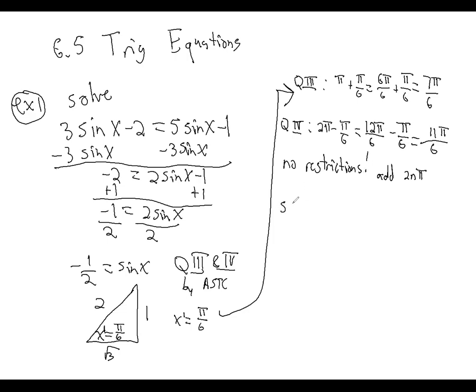So our solutions are x equals 7 pi over 6 plus 2 times n times pi, or 11 pi over 6 plus 2n pi.